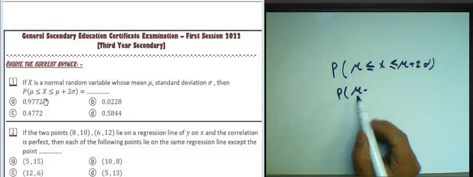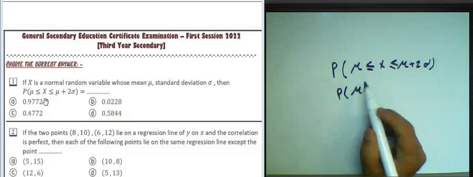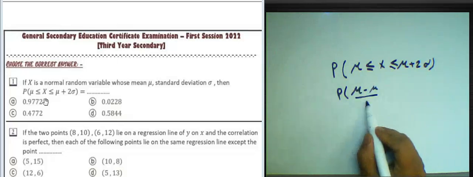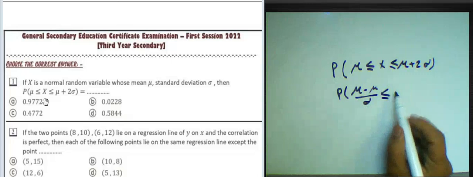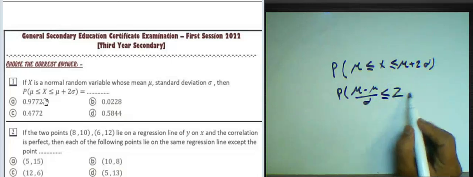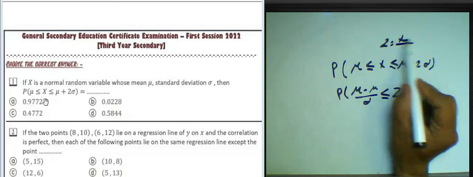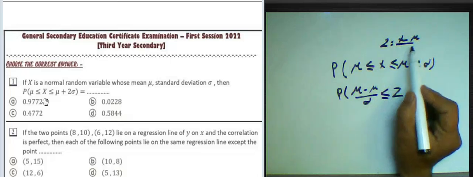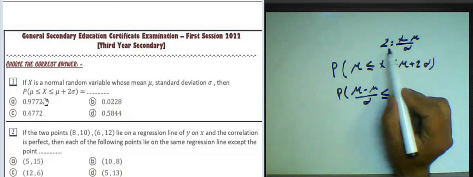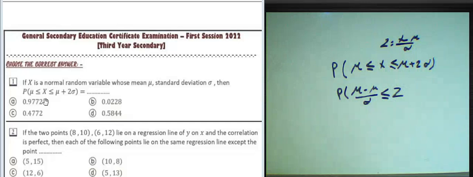We have mu minus mu divided by sigma, less than or equal to X converted to Z, because we know Z equals X minus mu divided by sigma. We must convert from X to Z because we talk about a normal random variable.